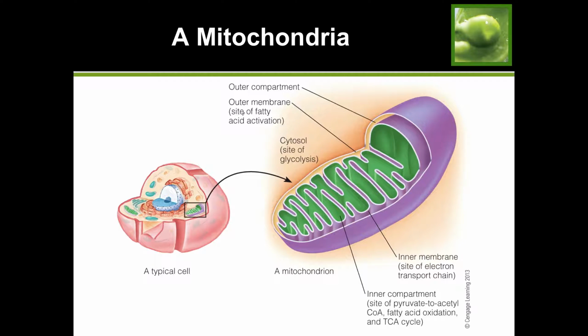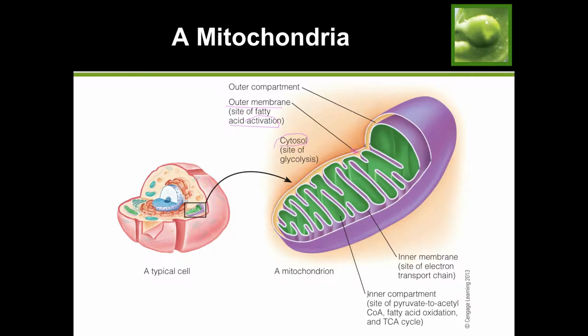Okay, now every compartment or every area has something different. The outer membrane up here, this is the site of fatty acid oxidation. The cytosol is the site of glycolysis. This is just the liquid part of it.